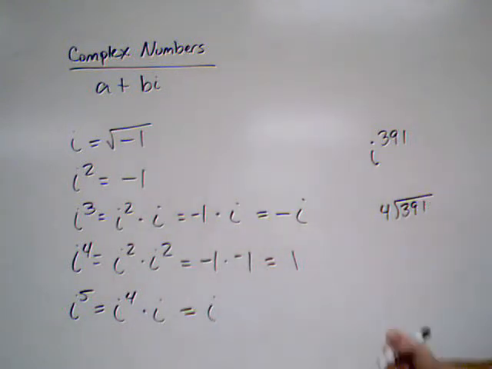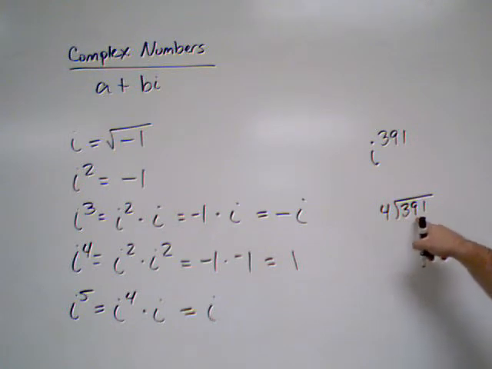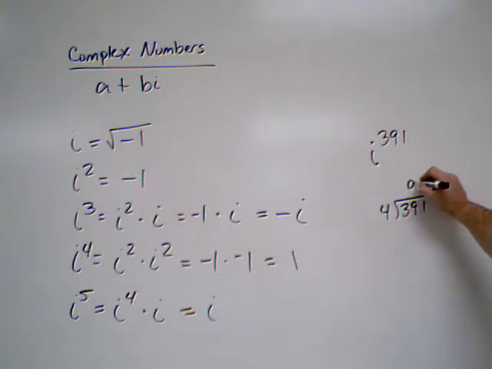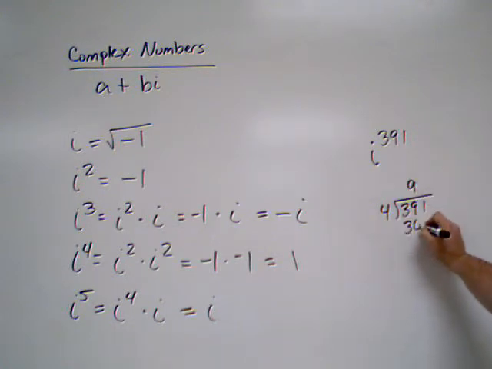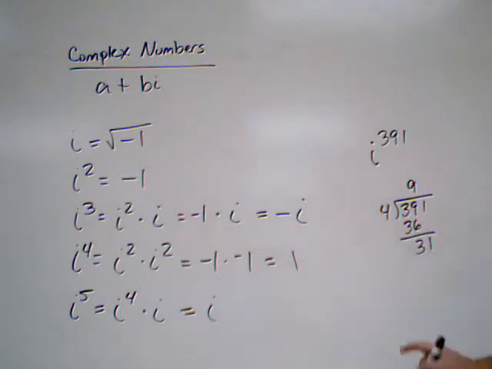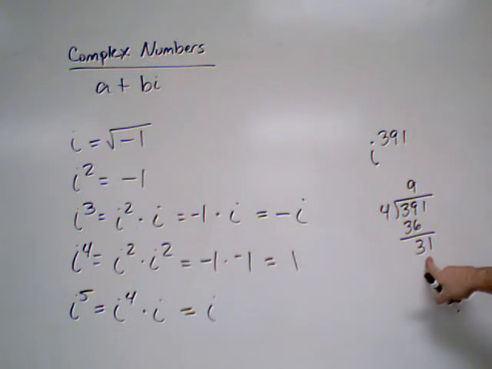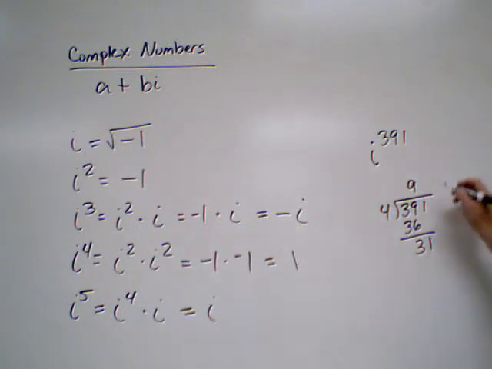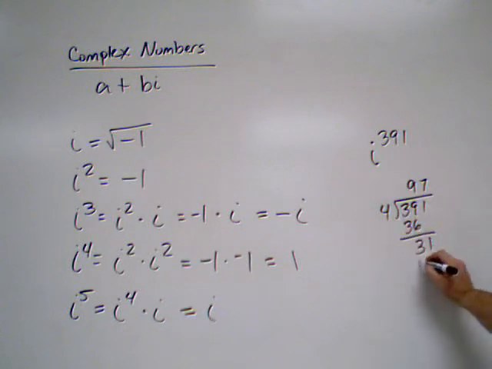I'm going to actually work it out long way. 4 doesn't go into 3, but it goes into 39 9 times. That gives us 36. Bring down a 1. 4 goes into 31 7 times. 4 times 7 is 28, giving us a remainder of 3.